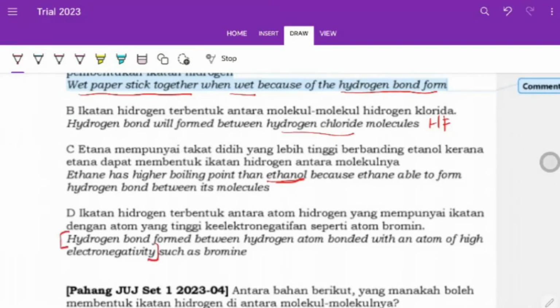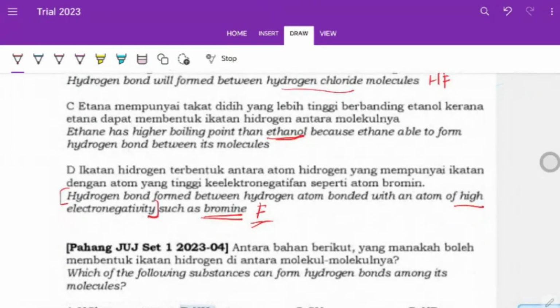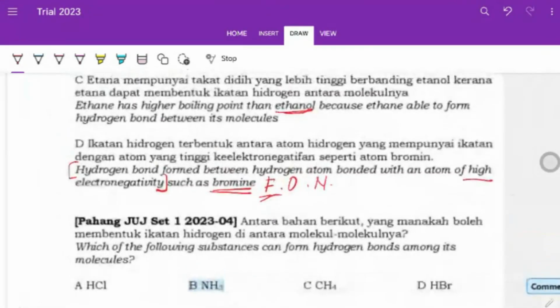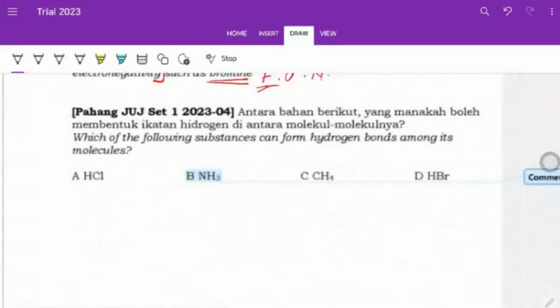Here, the statement is correct, but bromine is not high electronegativity like fluorine, F, and then O or N, these three. So the answer is A. If you have any question, you can ask.